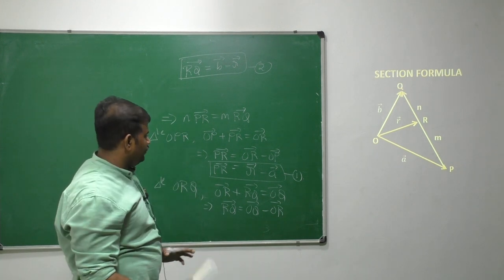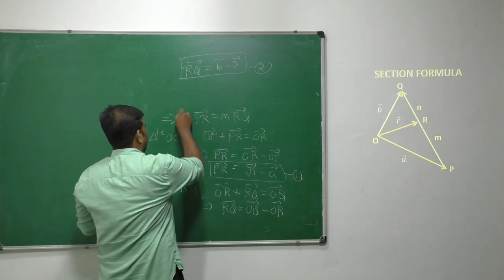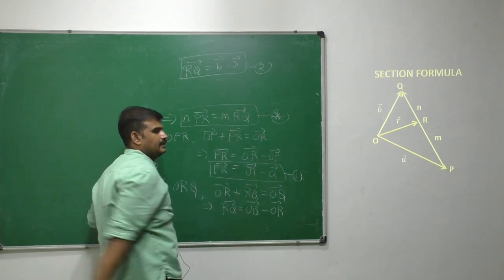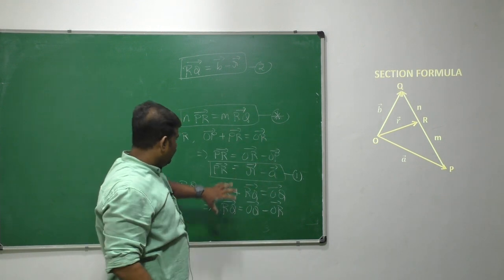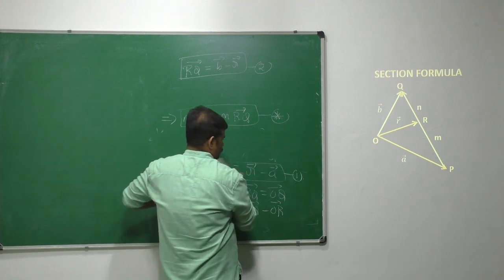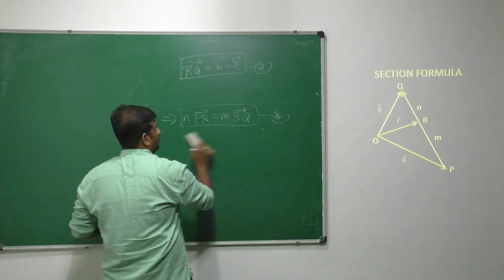Next we are applying equations 1 and 2 in this equation, let me call it star. So what happens if you apply 1 and 2 to star?